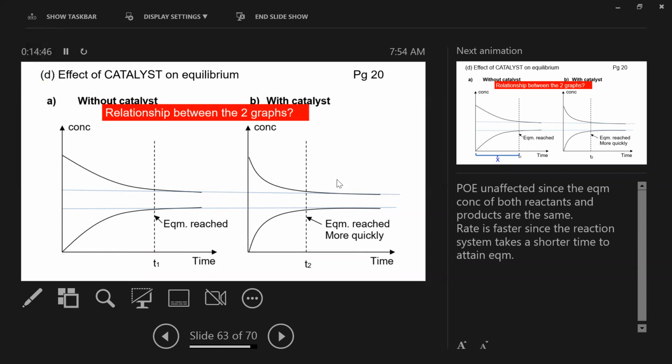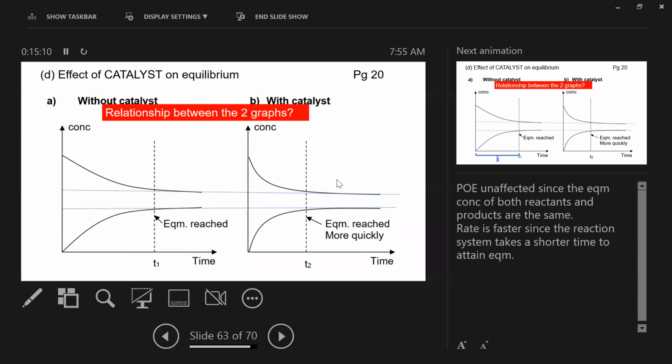The blue horizontal line tells you that with or without catalyst, when it reaches equilibrium, the concentration of the reactant and product is exactly the same, provided the starting concentration for both systems is the same. We're assuming that.